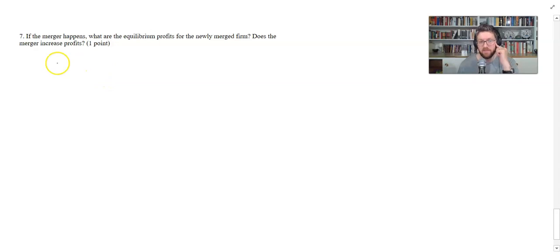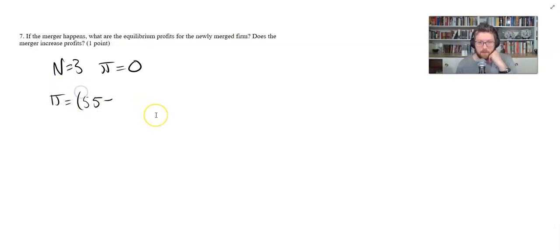So, what's the equilibrium profits of the newly merged firm? Does it increase their profits? Well, remember, when n equals 3, we found that profit was actually exactly equal to 0. So if he gets any positive profits, it's going to raise his profits. So the new profits, so the price is 55, and this guy's got marginal cost, so we should have this be firm 1,2, of 15, and we said he's selling 30 units minus a fixed cost of 800, the higher one.